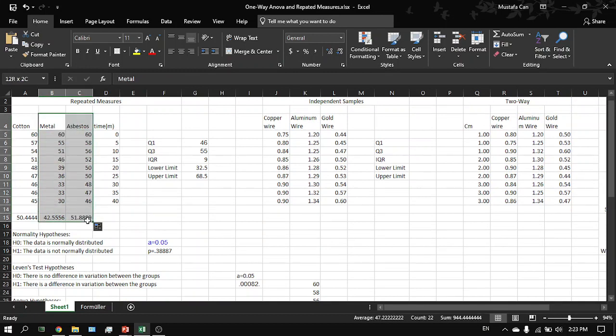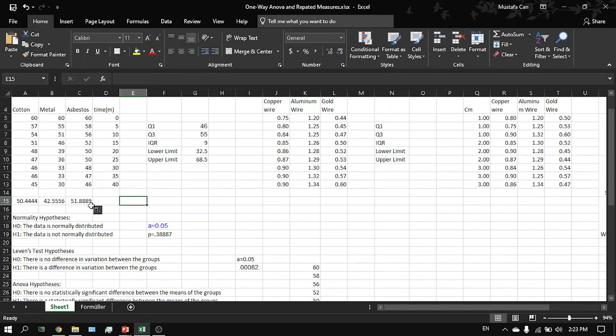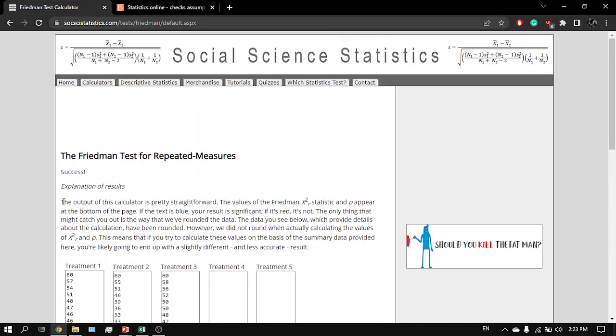We will compare these two first, and these two, and these two. So we'll need to compare the separate groups in twos. But we already know that one of these will be different from the other two. I'm guessing this will be different from the other two, or these two will be different from this one. We can say that, but we cannot say it without a test. So unfortunately, we don't.